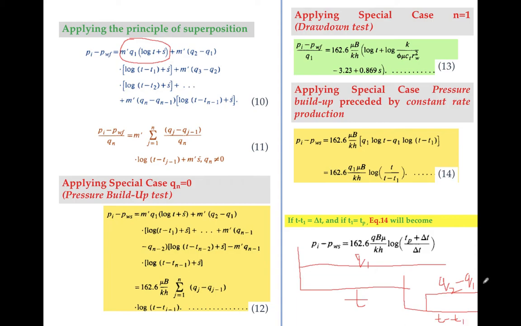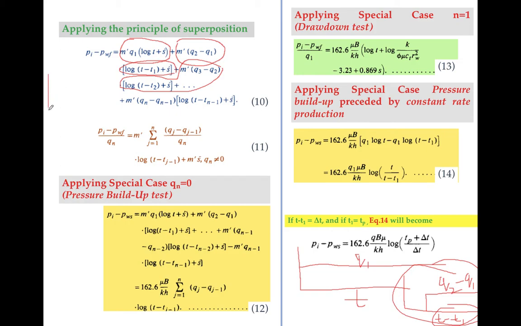In this way we can go on and write for different conditions. For this condition we have m dash (q2 minus q1) into log of (t minus t1) plus s bar. Here, instead of t, the elapsed time is t minus t1, and the rest we can assume the same.